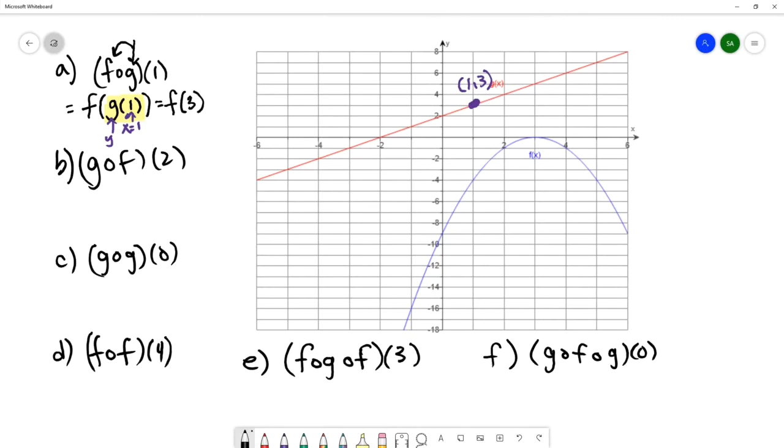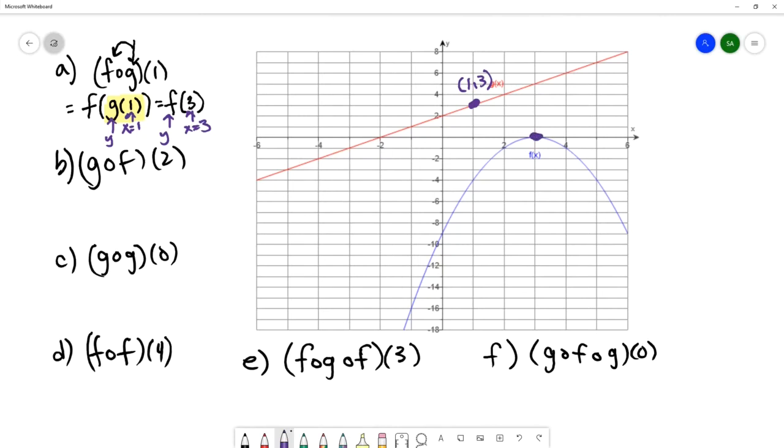And now I have the symbols F of 3. And I know that x is equal to 3. And I'm looking for the y. Now on my graph of F, I'm looking for an ordered pair that has an x of 3. So that ordered pair would be right here.